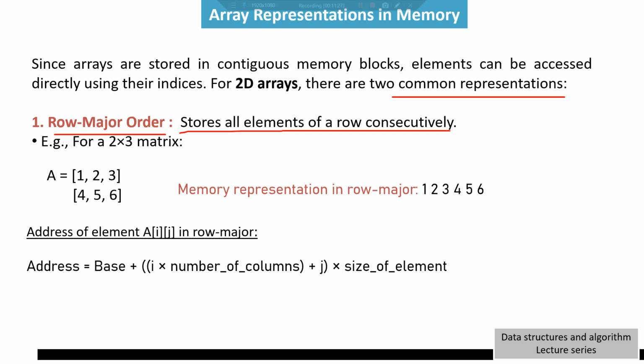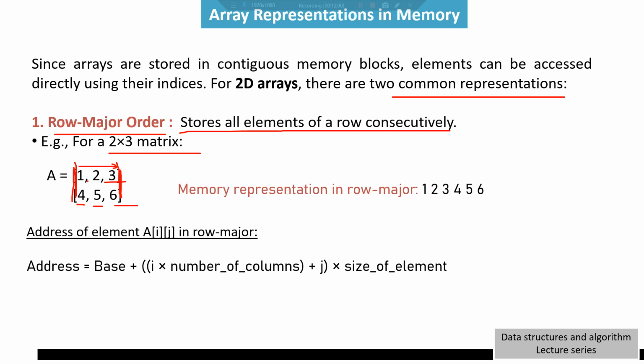For example, if you have a matrix of 2 into 3, that is 2 rows and 3 columns, suppose this is that matrix. The memory representation in row major order will be row wise, that is 1, 2, 3. After the row is complete, it will go to the second row, that is 4, 5, 6, right?